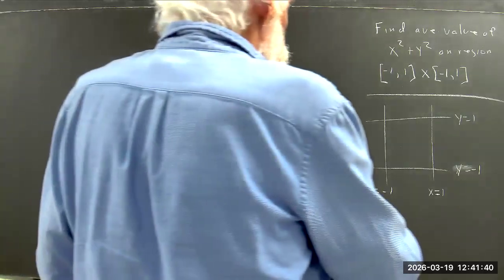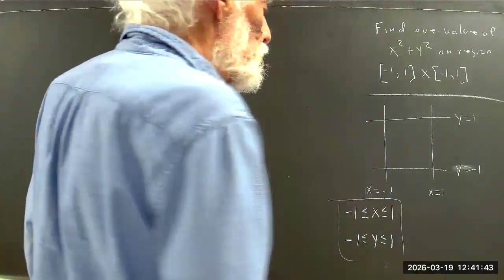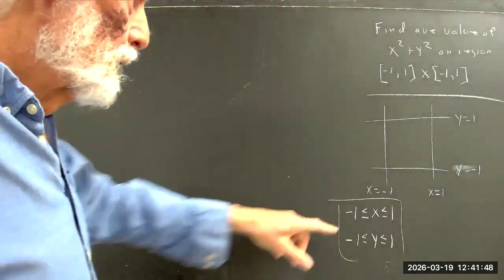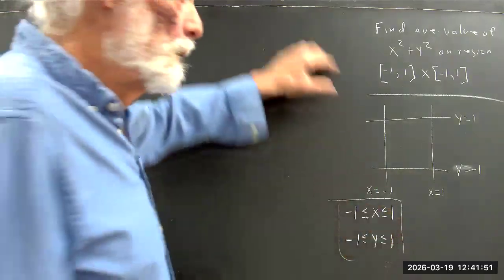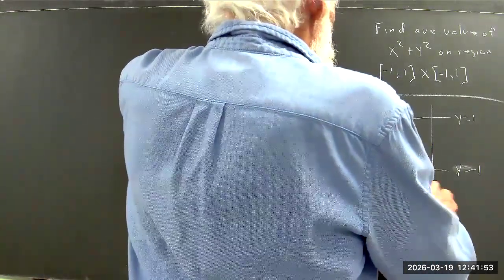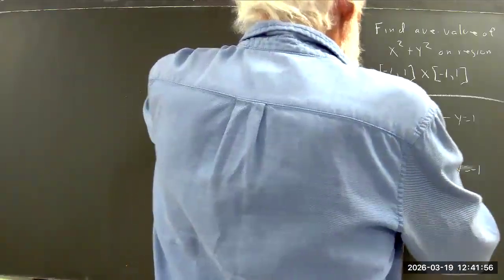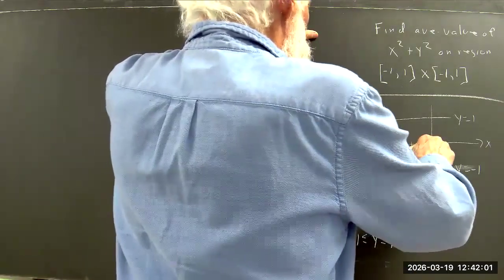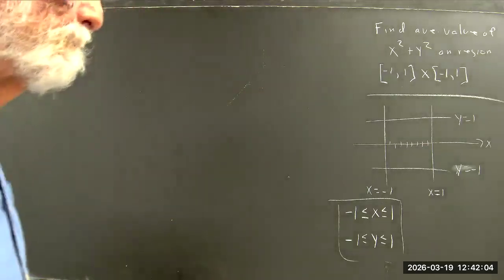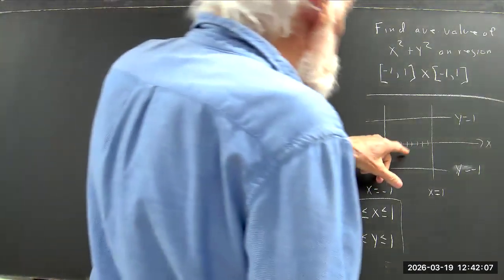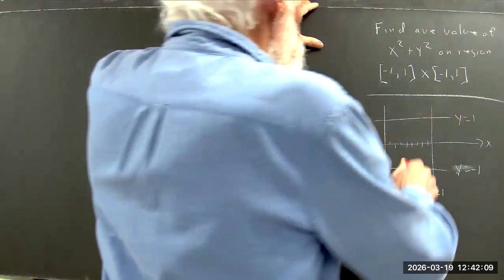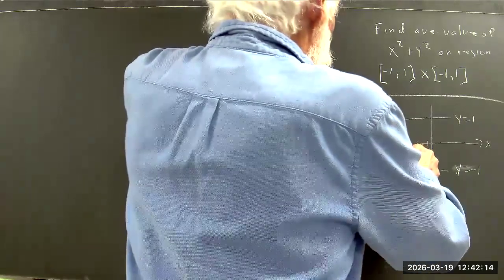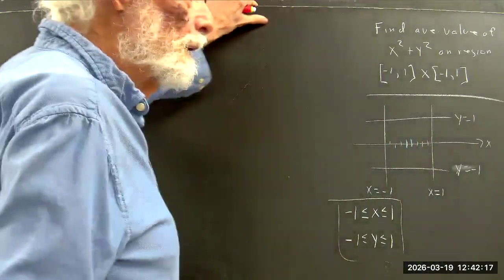The way I read these inequalities here is: give me an x. Or let's say, since I've listed x first, we're going to partition the interval from x equals -1 to 1. Well, we could draw an x-axis here, and we partition this interval. For any partition in this interval, let's just isolate a partition right here.